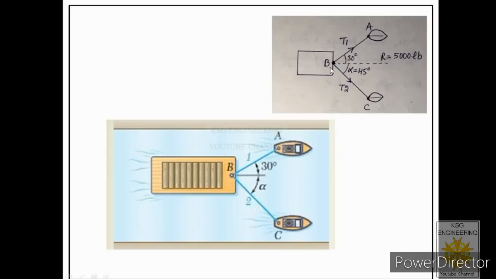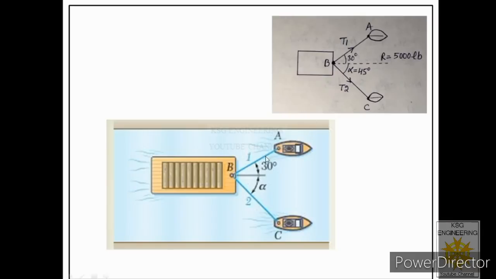Then I have shown the axis of the barge with the dashed line, and on that axis I have shown the value of the resultant, which was given in the statement. Then I have labeled the value of alpha from the statement on the free body. See over here, the value was not mentioned, but it was given in the statement. So I have labeled that value here.